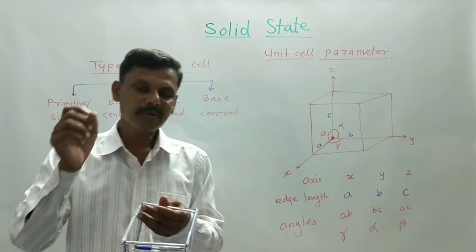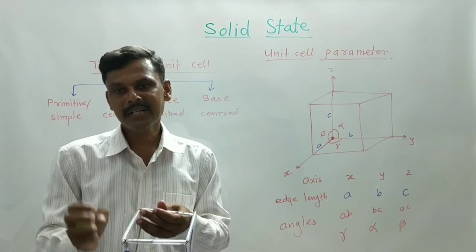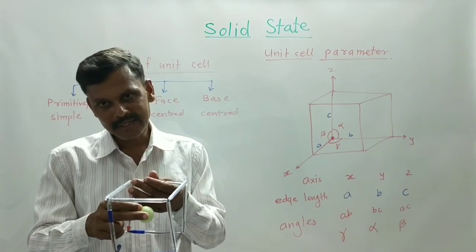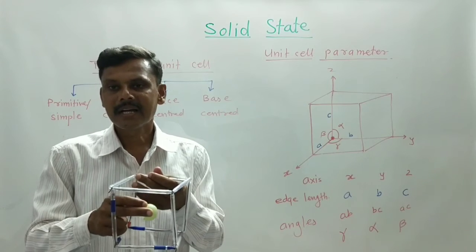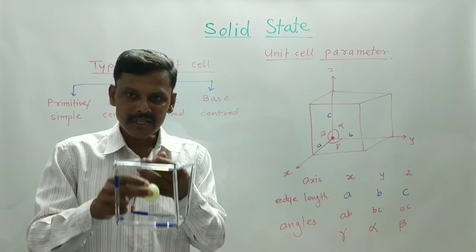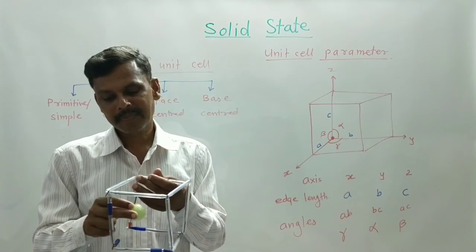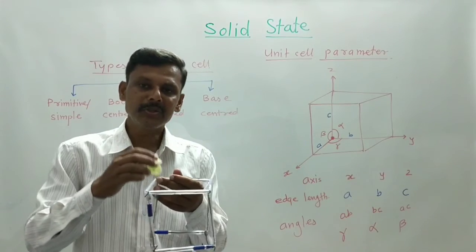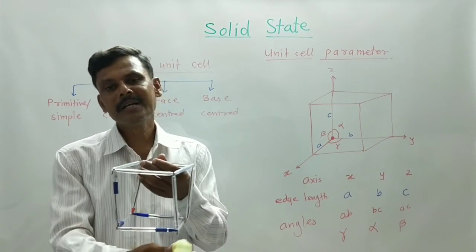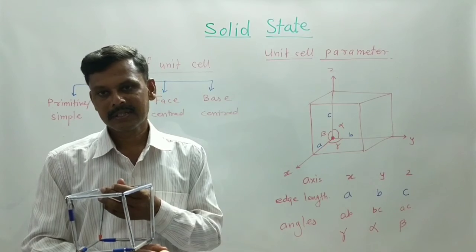So in a body centered unit cell, one constituent particle is present at the center of its body in addition to the corner particles.